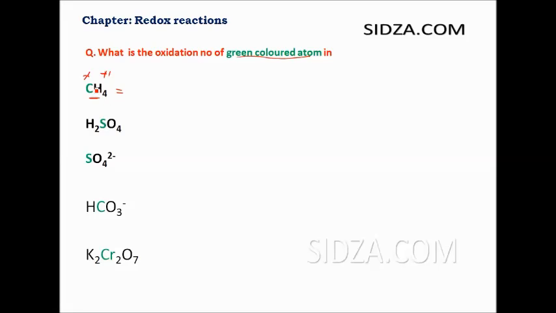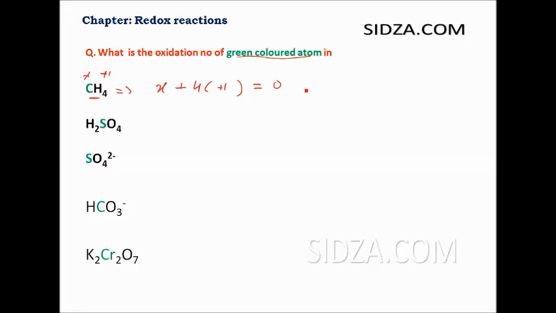So if I want to find the oxidation state of the carbon, I'll take the oxidation state of the carbon as X plus how many hydrogen atoms are there? 4 into what is the oxidation state of one hydrogen? That's +1. What is the charge on the whole molecule? The molecule is neutral, so therefore the charge on the molecule is 0.